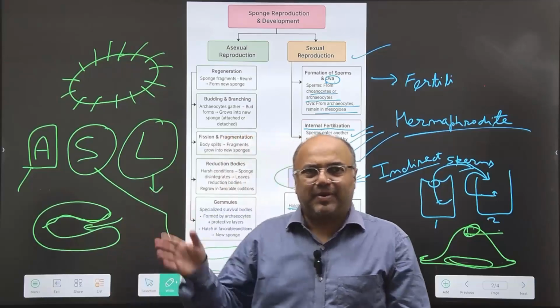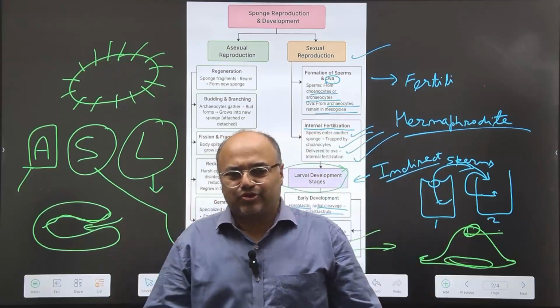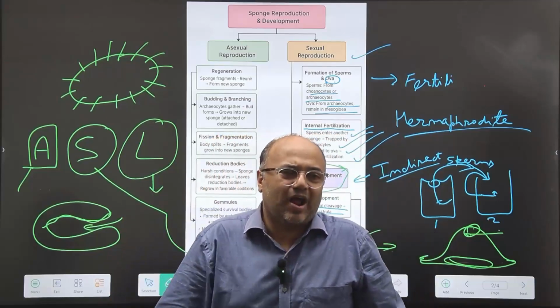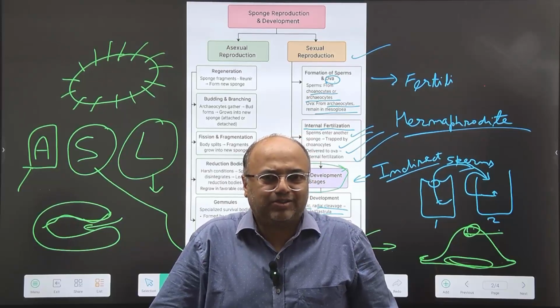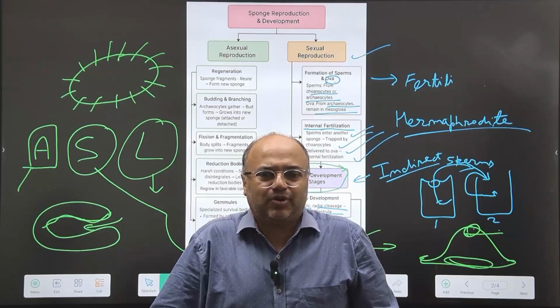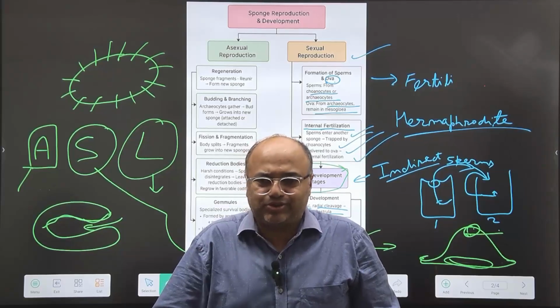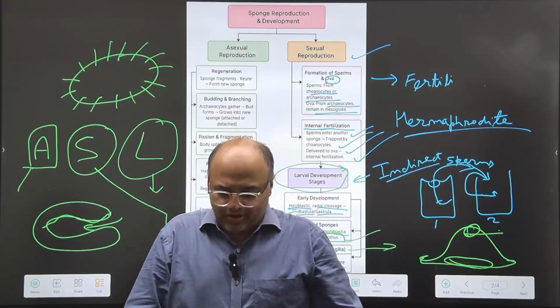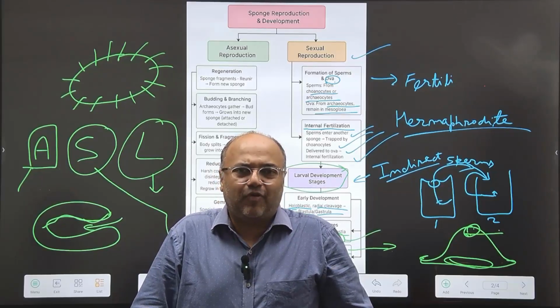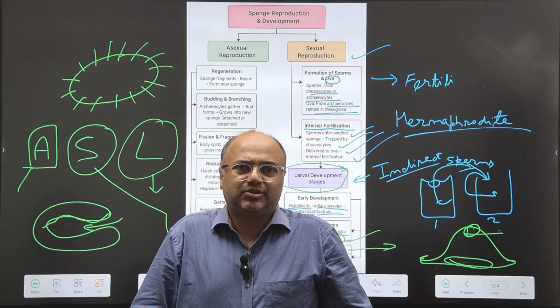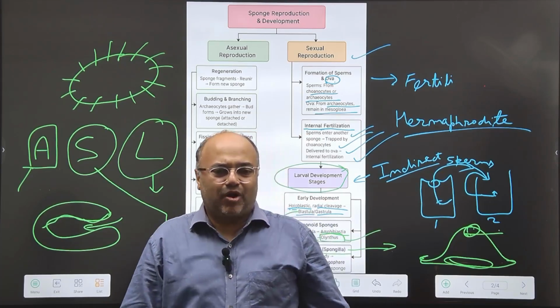And of course, we have the pinacoderm and the choanoderm. So generally, the questions asked are non-contentious even from a subject point of view, right? They just want to check your ability to retain what you have learned and perform well under pressure. That's the moral of the story.